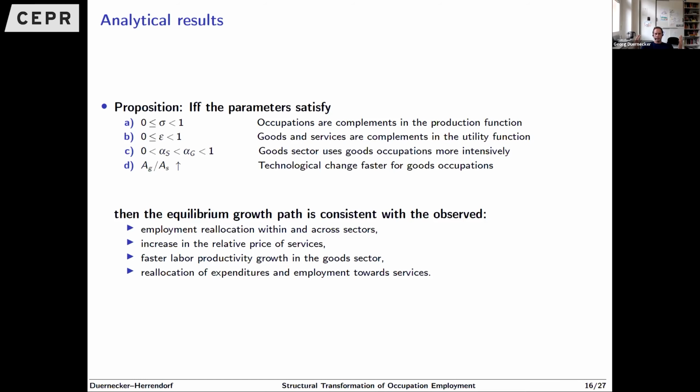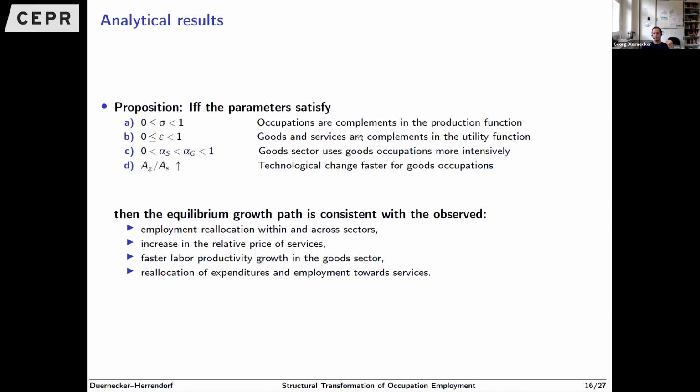And one important result is summarized by this proposition here, which says that in fact we only need a very small set of restrictions on the parameters so that the model can qualitatively match important observations about structural transformation. So what we require is that both types of occupations are complements in the production function. So sigma is between 0 and 1.